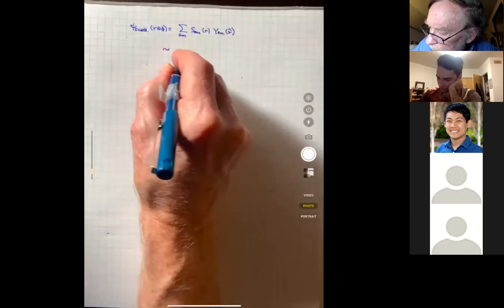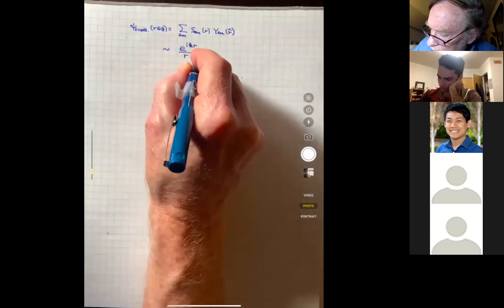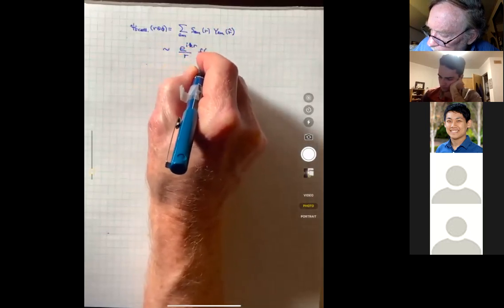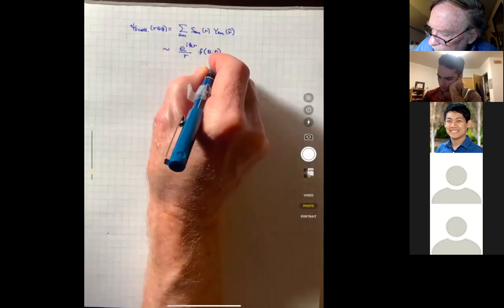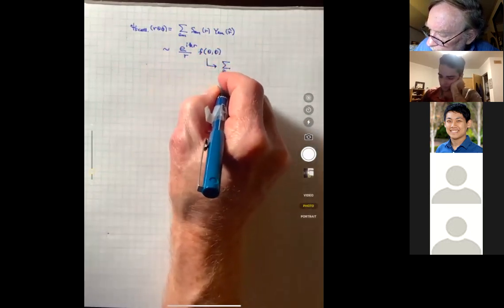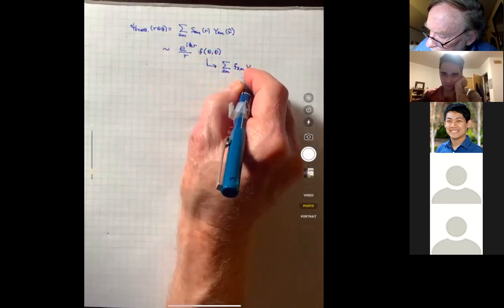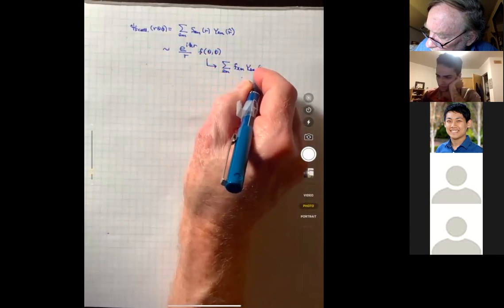But we know that this asymptotically has to go as e to the ikr over r times the scattering amplitude, f of theta and phi. Let's take the scattering amplitude and expand it in terms of YLMs. Let's call the coefficients f sub LM times YLM of r hat. Let's write it like that.